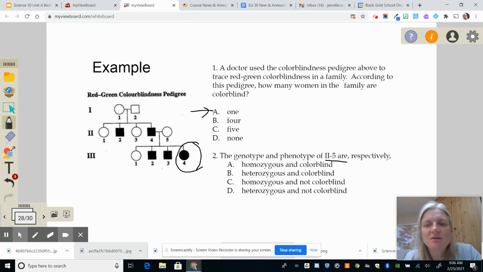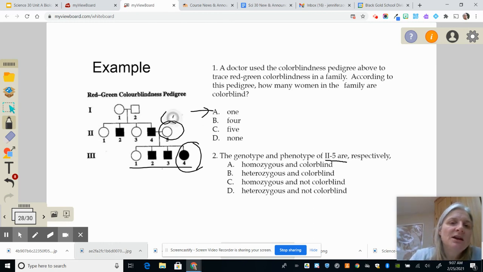The genotype and phenotype of 2-5, this woman here, the mom of these kids, is, respectively. All right. So the mom does not have color blindness. However, she had to have passed it on. So she must be a carrier, right?